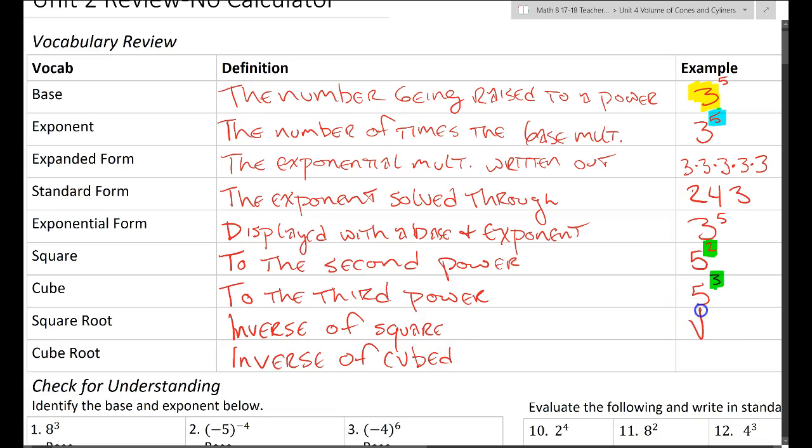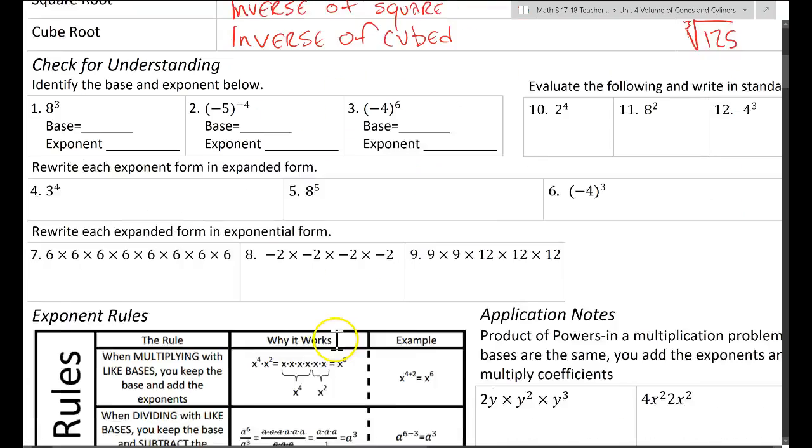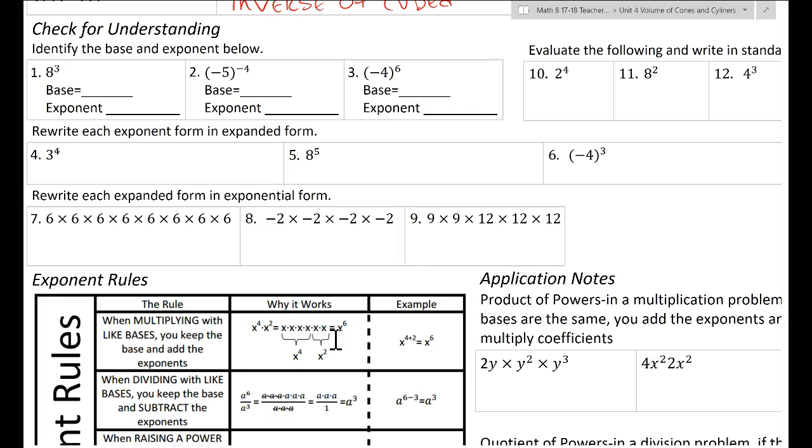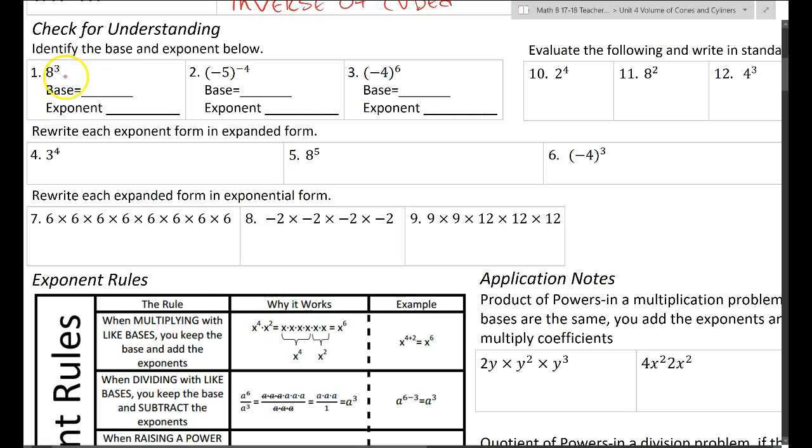So the square root of 25, but not the square root, the cubed root of 125. So let's go through here, do a quick check for understanding. I encourage you to pause the video and see how you do with this. All right, bring it back in.